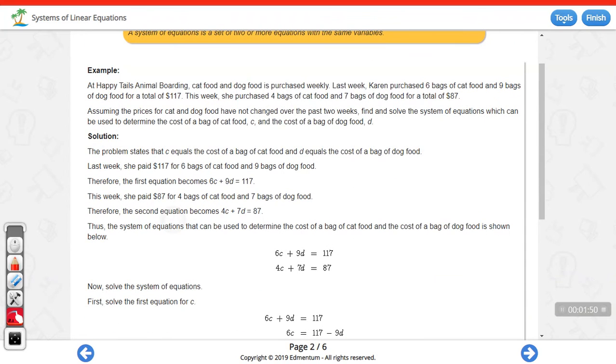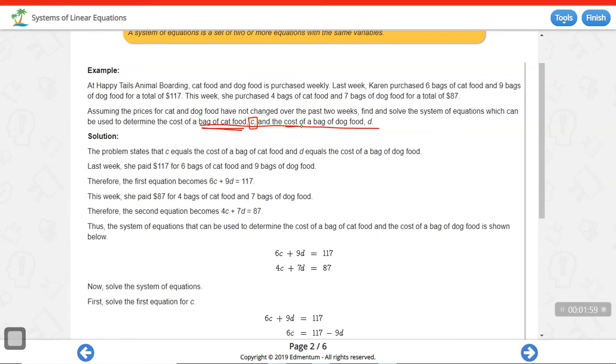In the very beginning, they introduced our variables here. They said a bag of cat food is C. A cost of a bag of dog food is D. So as we're looking at that, C is our cost for cat food, D is our cost for dog food.